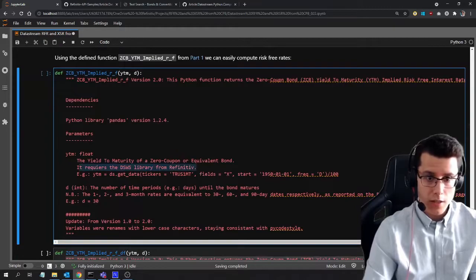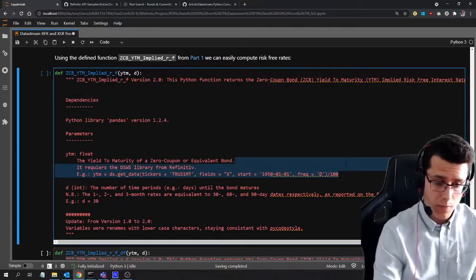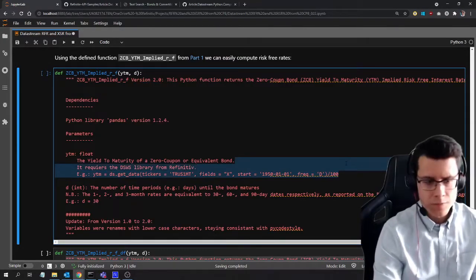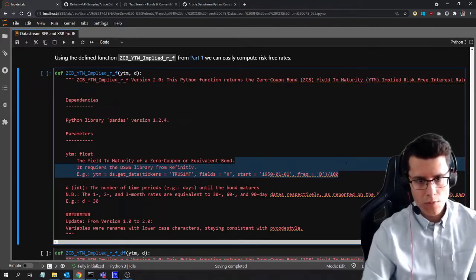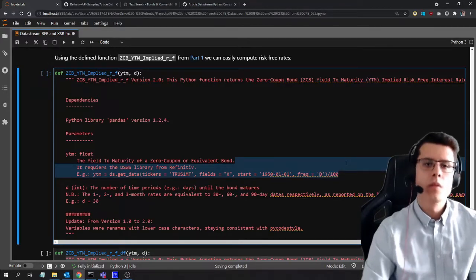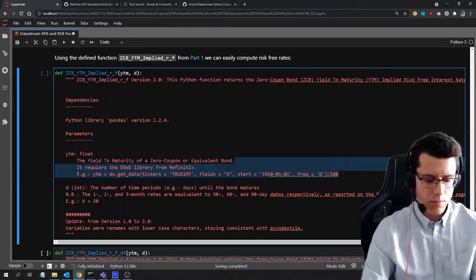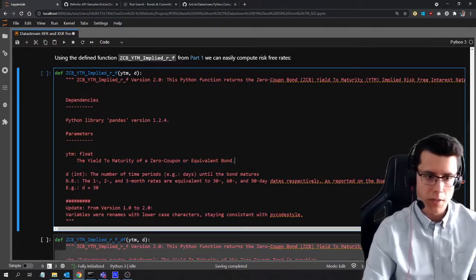It requires nothing actually. No, there's no need for an example. This is just going to be a number, right? Yes. It's the spot rate basically.